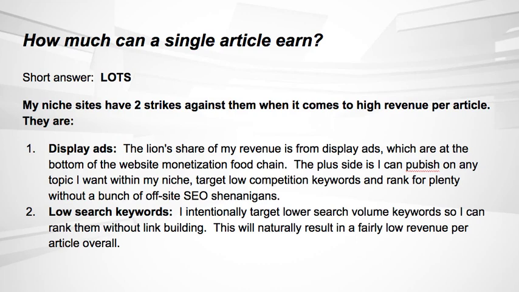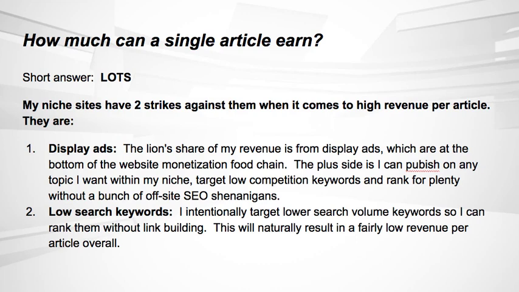They have one page. Right, so the other strike against me is my content strategy, which is I typically publish content that targets low search volume keywords. The reason I do that is I prefer to not spend time or money on building links and outreach and promotion and trying to rank for more competitive keywords. I've gone over this a lot, written a lot about it, made videos about it.